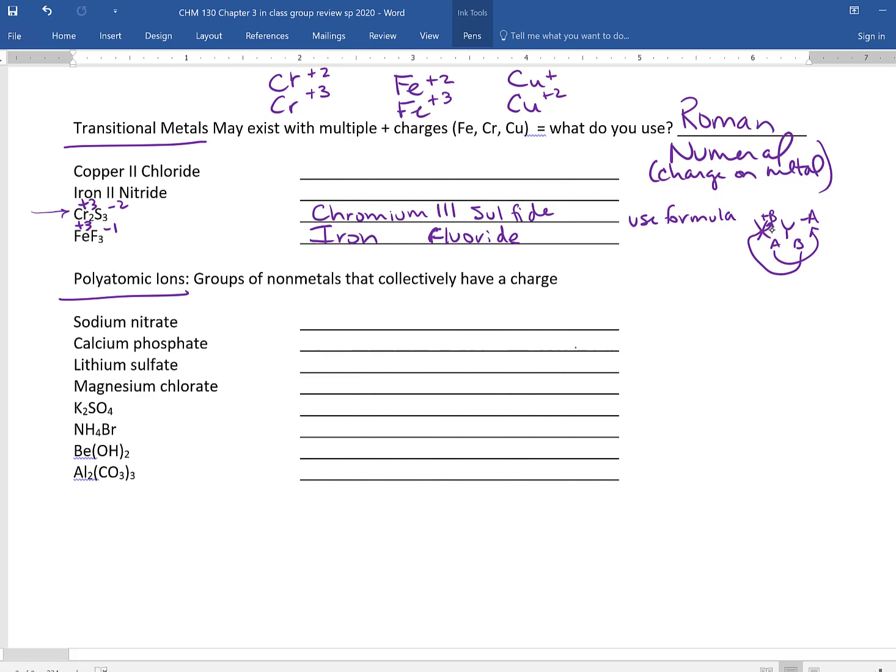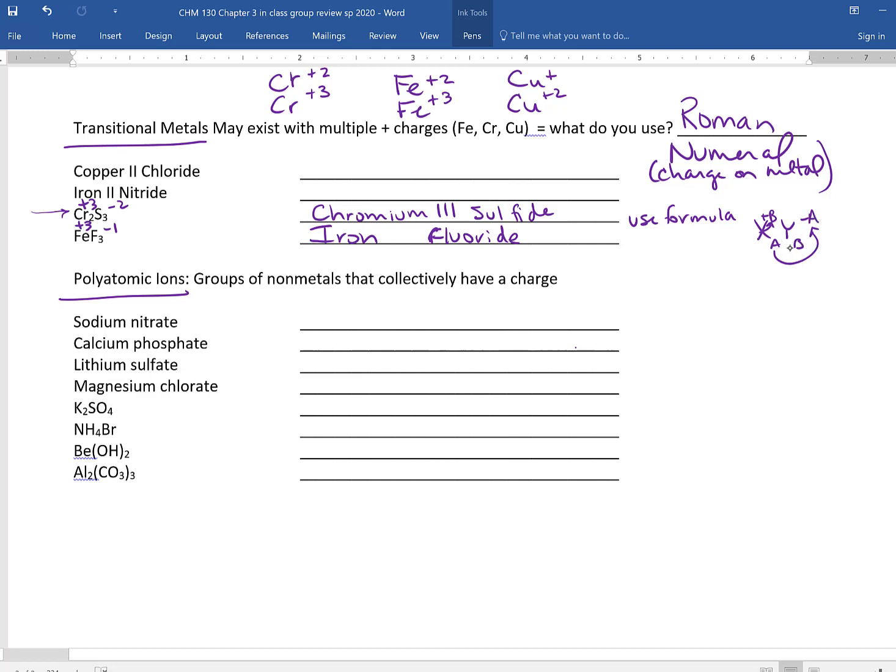Okay, so just as a general rule, if you see XY, whatever the formula is, a metal and a non-metal with a formula, and you need to figure out the charge, do a reverse swap. So the number of metal atoms tells you the charge on the non-metal. So this number down here would tell you the negative charge of the non-metal.